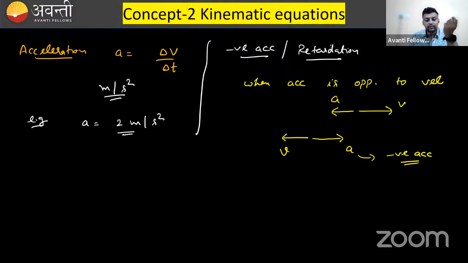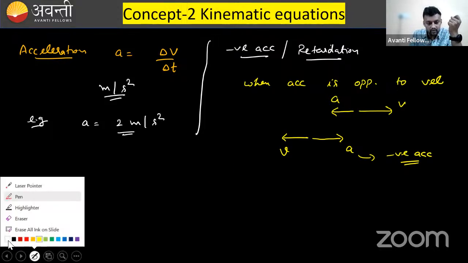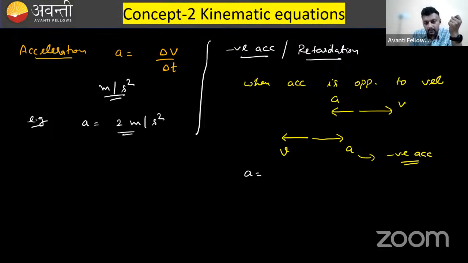So what is the meaning of retardation? The meaning is again similar. For example, if acceleration is minus 2 meter per second square, that means the velocity of the particle will decrease by 2 in 1 second.